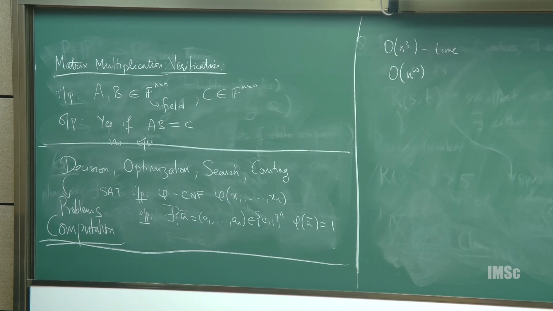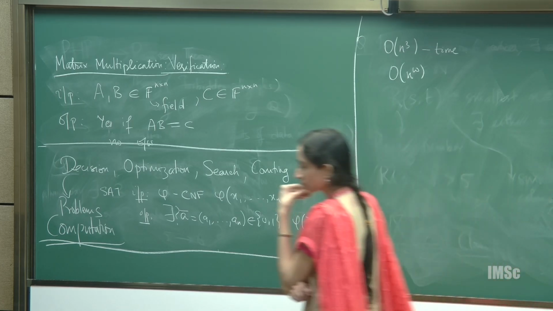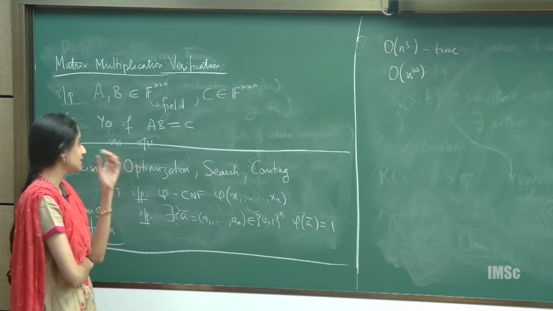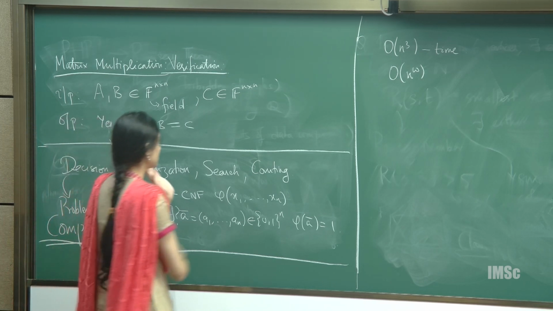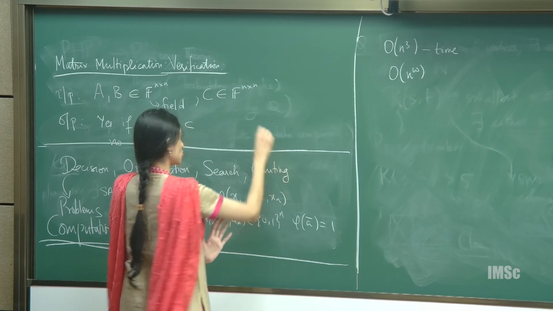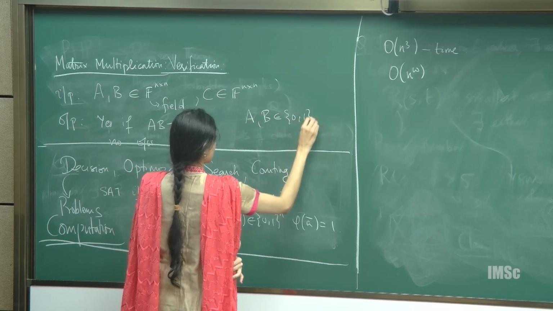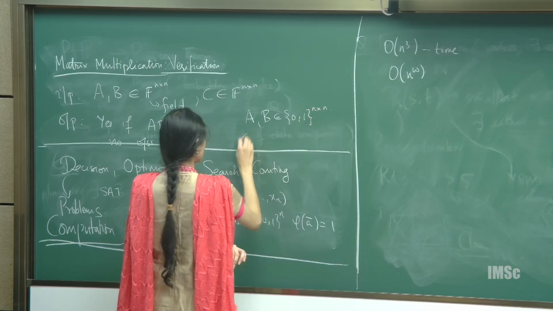So ideally, you should not multiply. If you multiply, you are doing too much work, you are exaggerating things. So what else can you do? Let us assume that these matrices are 0, 1, and this algorithm will work otherwise also, I am just assuming this.